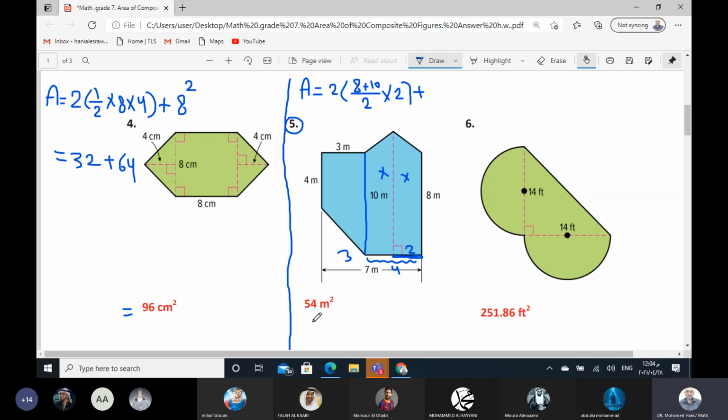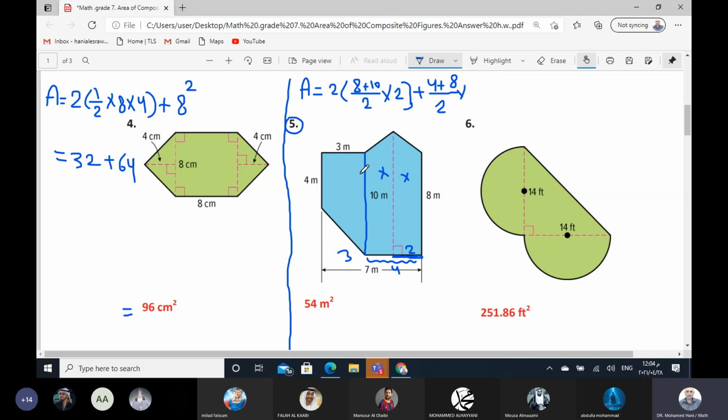Plus the area of this trapezoid. B1 will be 4. B2, this side equals this side. Here 8 means here 8. So plus 8, divided by 2, and this is the height.